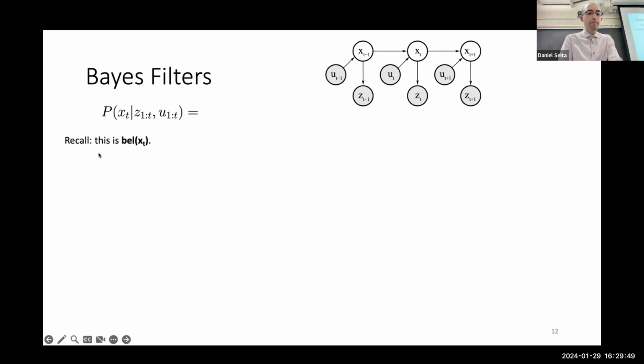All right. So this is your probability of xt conditioned on the prior actions and the sensor readings. And again, the assumption here is that xt is complete, which means it gives you all the information you need to know to predict the next state.